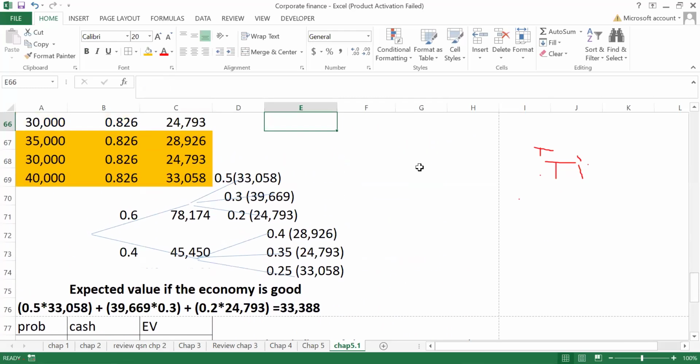If you come here, what is the probability of having a positive NPV?